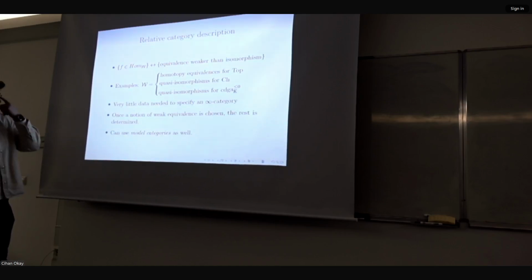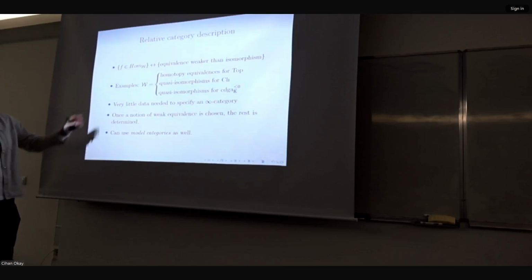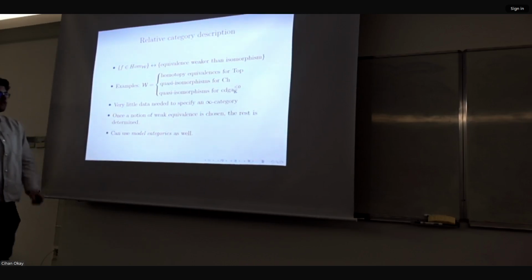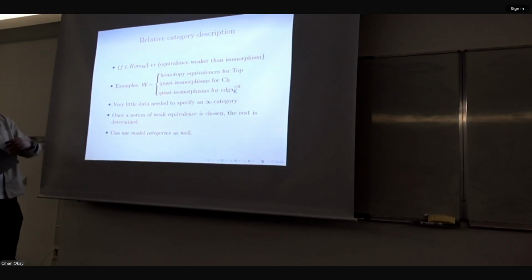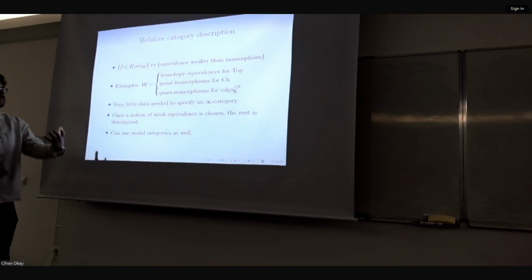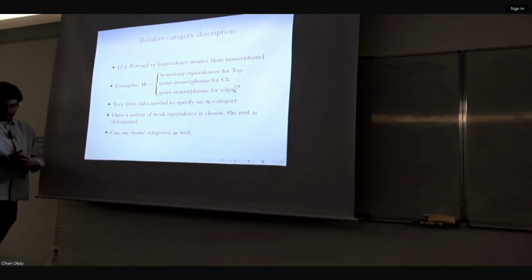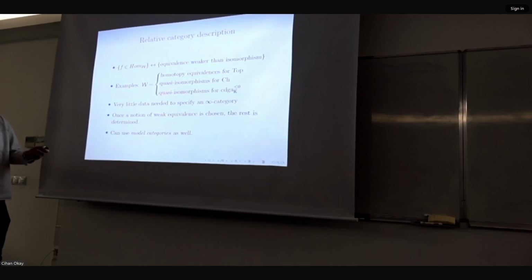And of course, if you look carefully, if you want to specify an infinite category, this is the easiest way. You can say, okay, this is my category and this is my W. So very little data you need. And once you choose weak equivalences in your category, the rest is automatically determined.